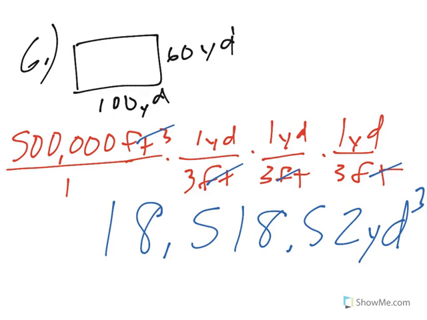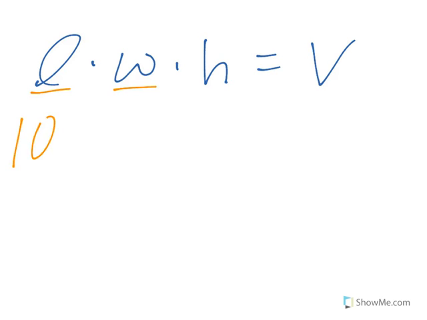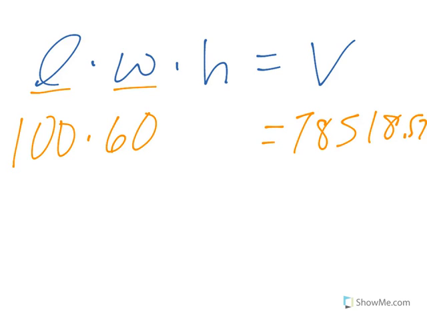Now, this is the volume, right? So when we think about volume, we have length times width times height equals volume. Well, I have the length and the width of the football field, right? 100 times 60. And I have the volume, which is 18,518.52. Okay, well, how do I solve for the unknown?